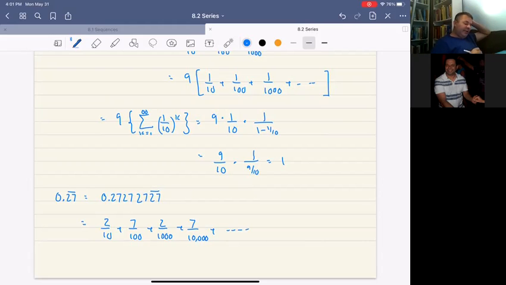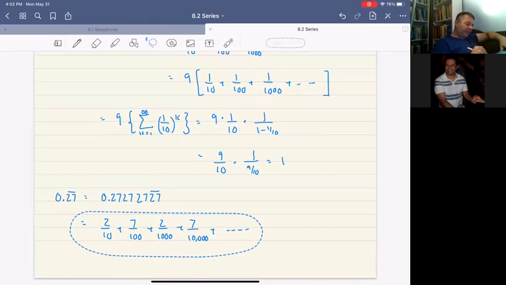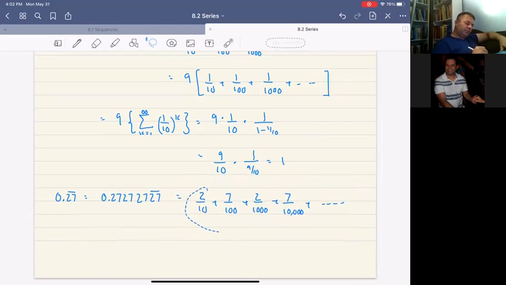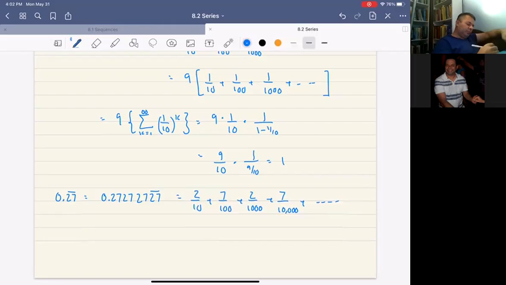Now these I could put together to be 27 over 100. These I can put together to be 27 over 10,000. Now 10,000 though is 100 squared. I want you to keep that in mind. Okay, and you can sort of see where it's going.